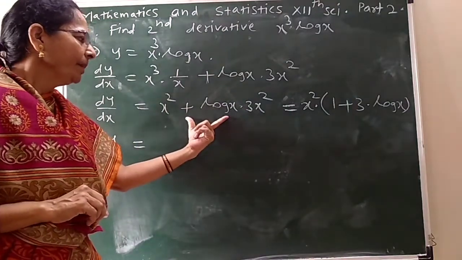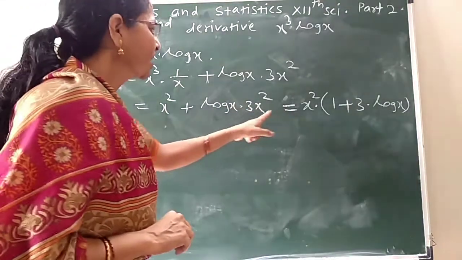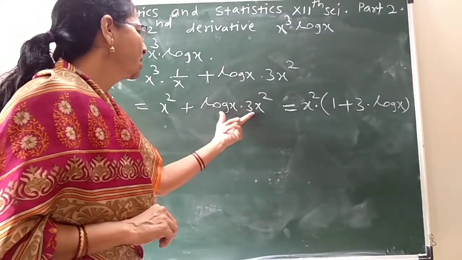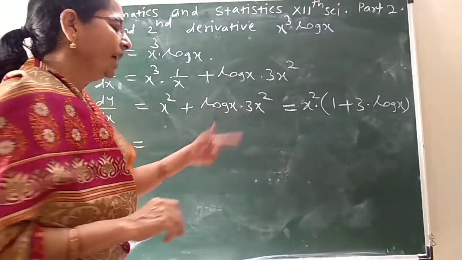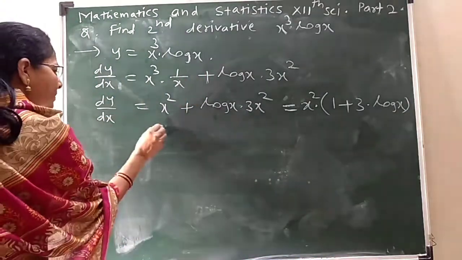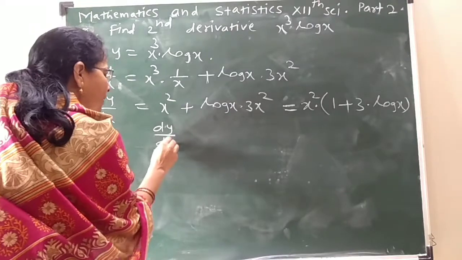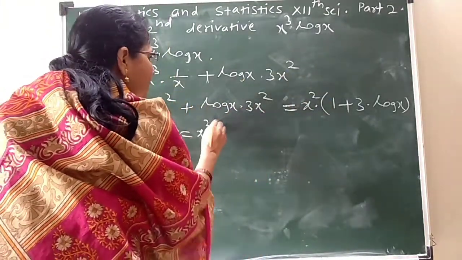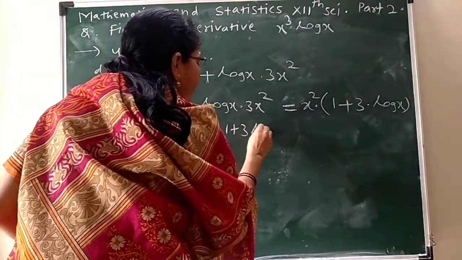This is the step. That means actually dy by dx is equal to x square times 1 plus 3 log x.